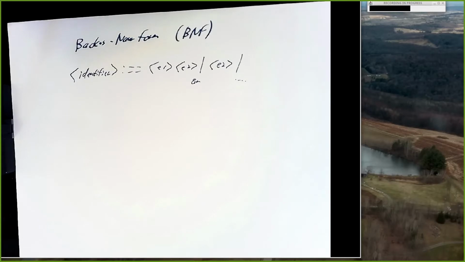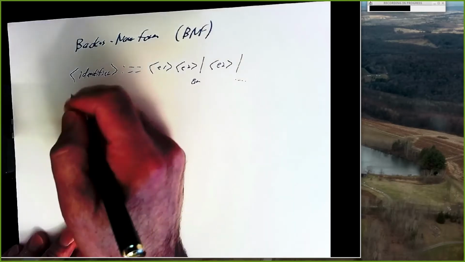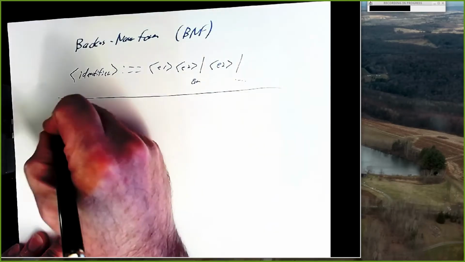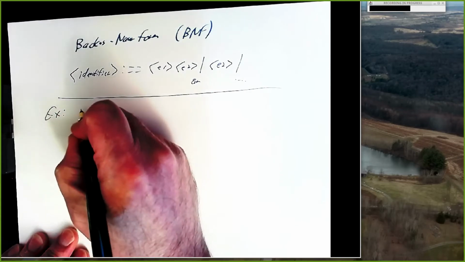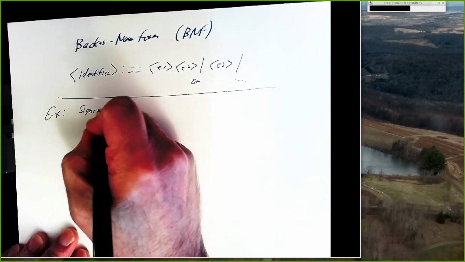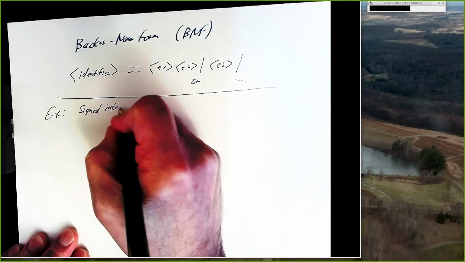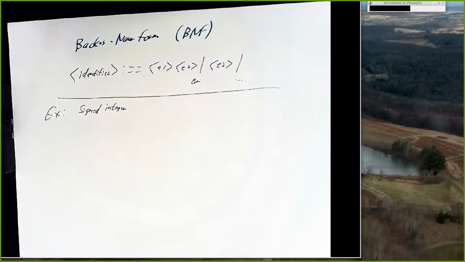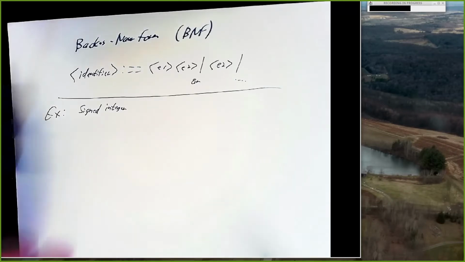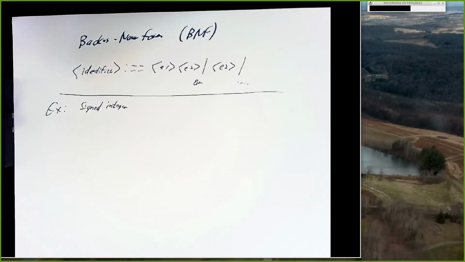So let me give you an example of a signed integer. So, you're writing a programming language and you're at a point in your program where you're looking for a number. And it should be an integer, and it could be positive, negative, or 0. And so you want to describe what it means to be a signed integer.